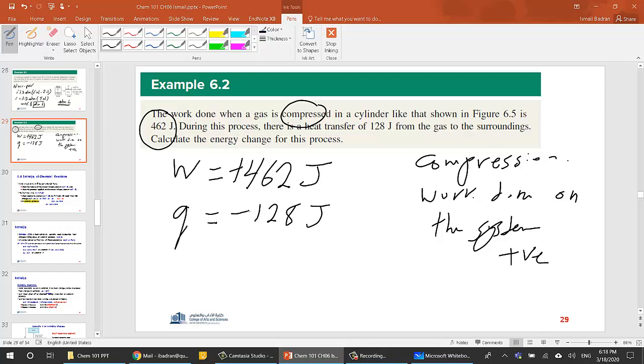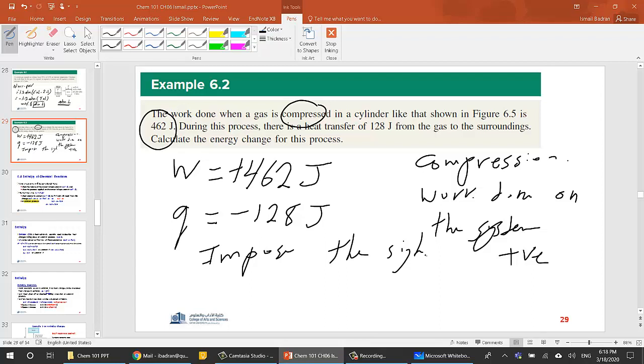Even though this question does not say negative 128, you must impose the sign. Based on your understanding of the question, you need to put negative or positive.